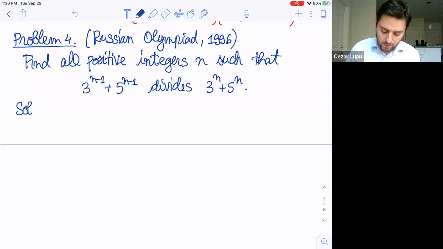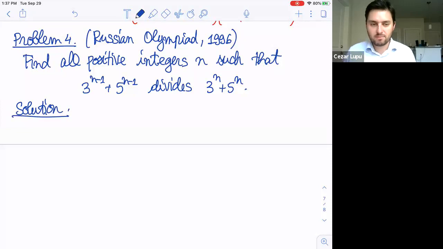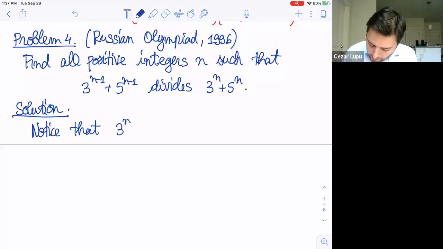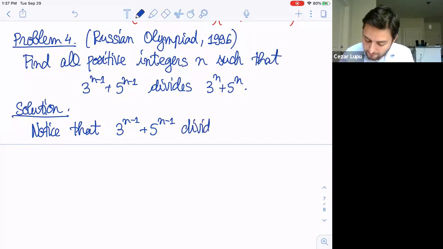So let's see how we're gonna do this. What you need to notice here, an observation, is that 3 to the power n minus 1 plus 5 to the power n minus 1 will divide 5 times itself.